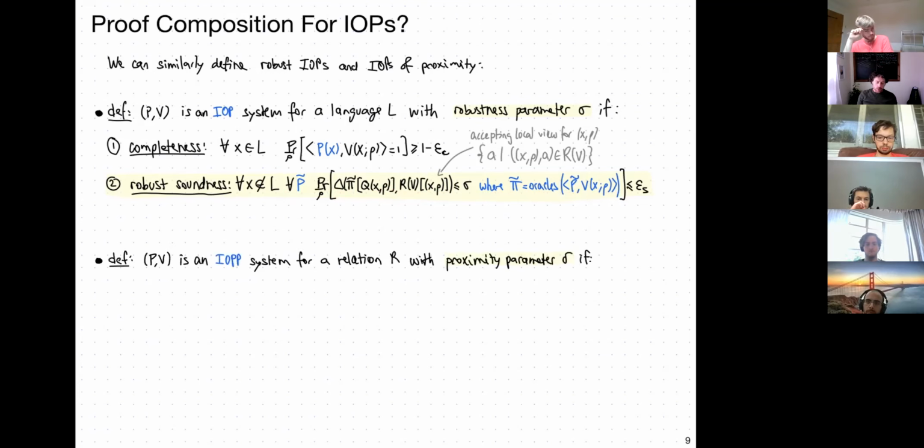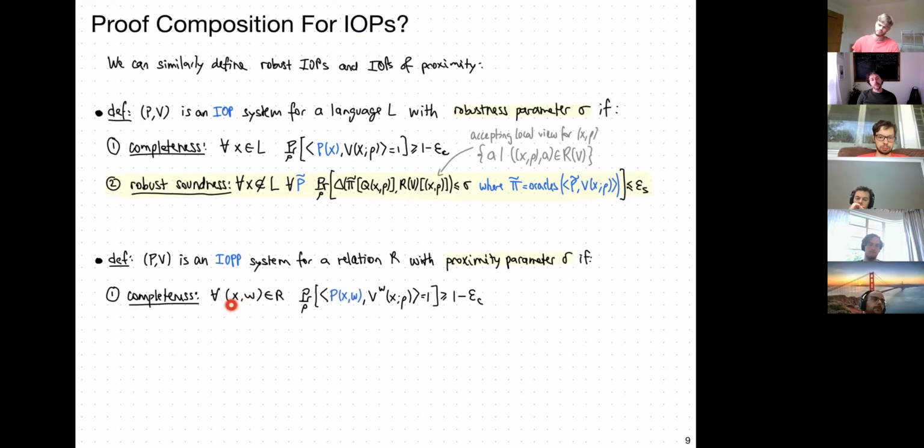And what would be an IOP of proximity? So an IOP of proximity would be a system with some proximity parameter. The completeness condition is what you expect. If I'm giving you a formula and a satisfying assignment, then we will accept with high probability.